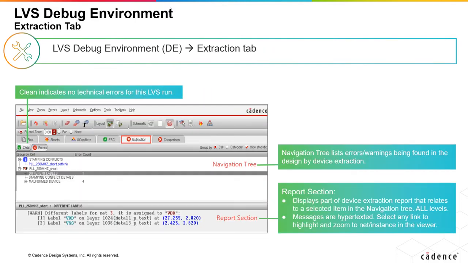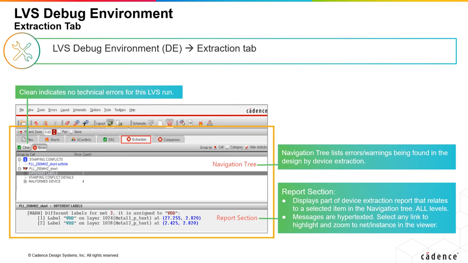Extraction is performed for both ERC and LVS runs. If there are extraction errors and no shorts or stamping conflicts are reported in design, the error browser initially comes up in the Extraction tab. The browser is divided into few sections, Navigation Tree, Report section and an optional Hierarchy Browser. The Extraction tab is shown with a red, yellow or green icon for errors, warnings or clean results respectively.